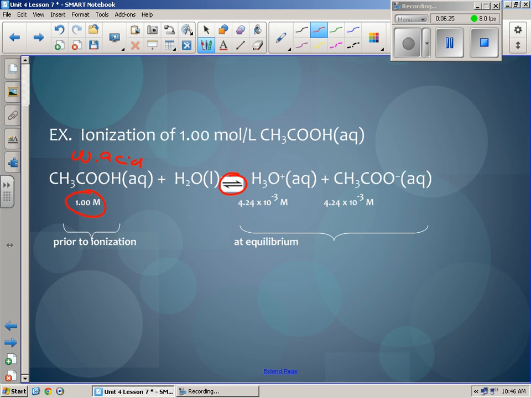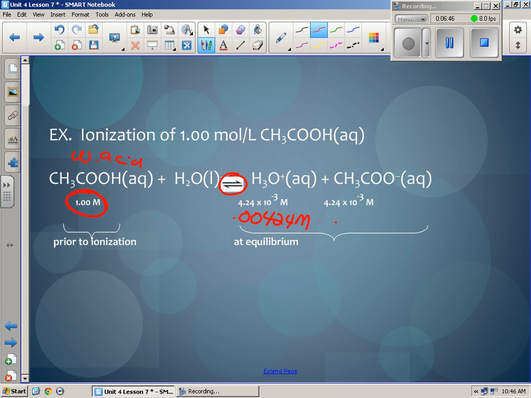Means it's in equilibrium, goes back and forth. For every 1 molar here, I get 0.00424 molar here, just so you can see the decimal number, because I know sometimes it's confusing with scientific notation, okay?